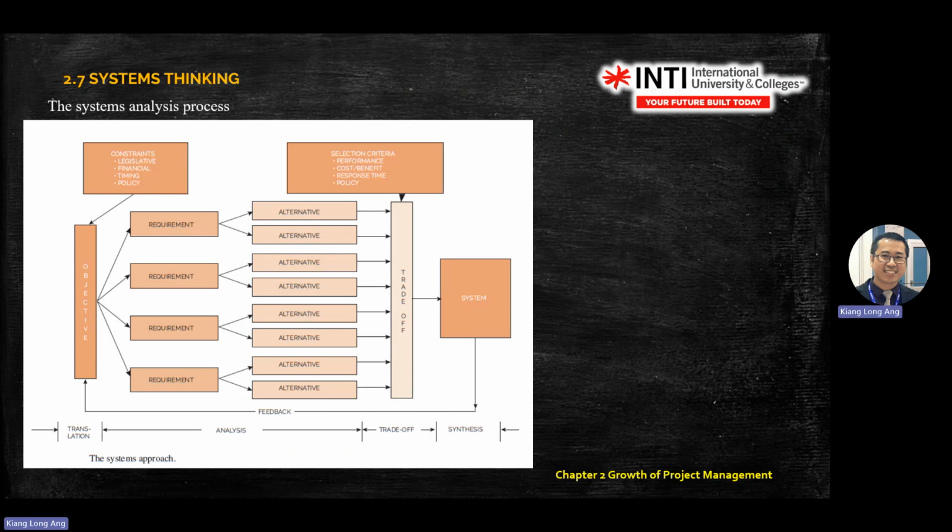You have 4 phases just now: translation, analysis, trade-off, synthesis. So you use your ruler, draw a few lines. First region is translation, second is analysis, third one is trade-off, the last one is synthesis. Okay.